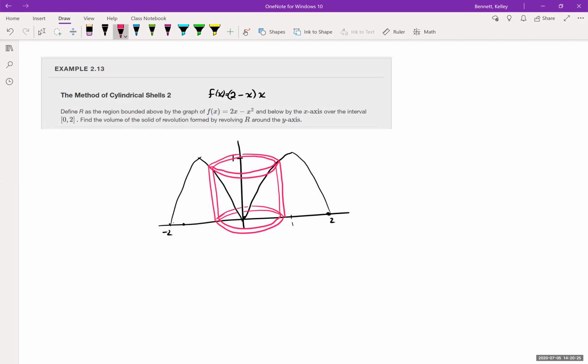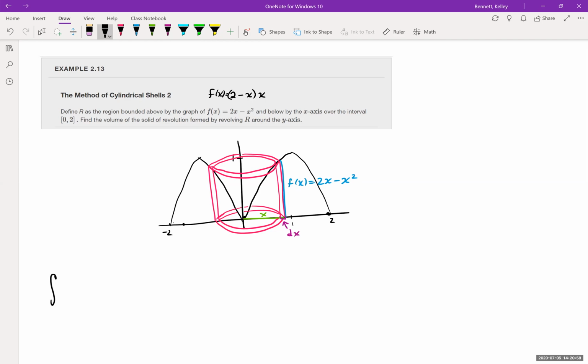And so all we need to do again is figure out our three dimensions of this cylinder, determine all of our x values, and then integrate. First, we know our radius here is x. We know that our height here is f of x, which was equal to 2x minus x squared. And then we also have this small little change here, which is our dx. So we can put that all together.